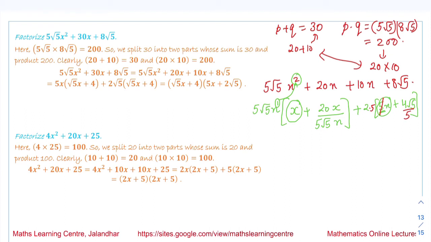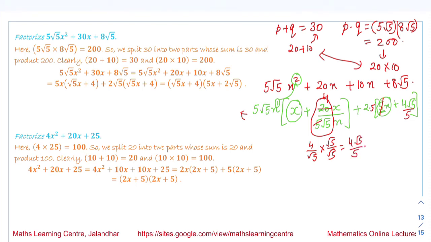I'm talking about this particular term first. 5 4s are 20, so we are left with 4 by square root of 5. When you rationalize this term, you get 4 root 5 by 5.